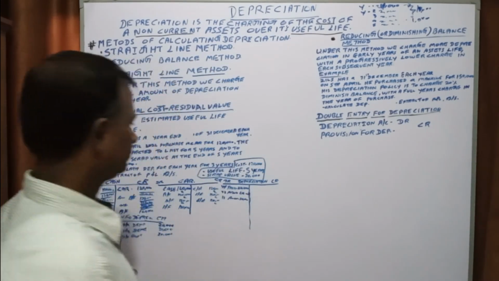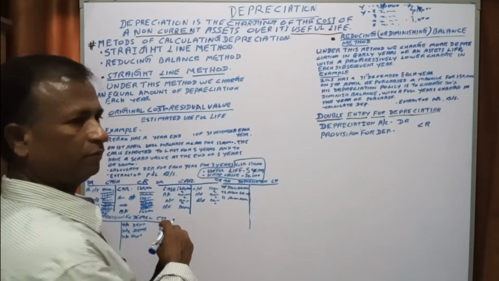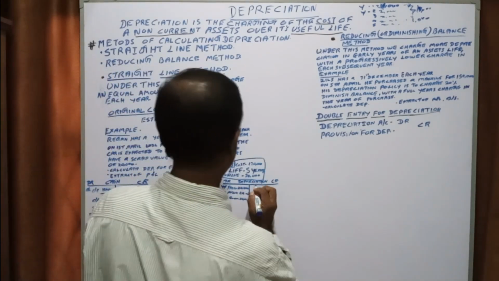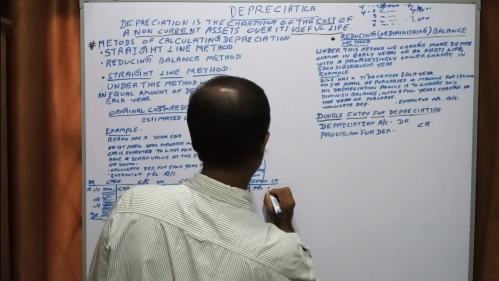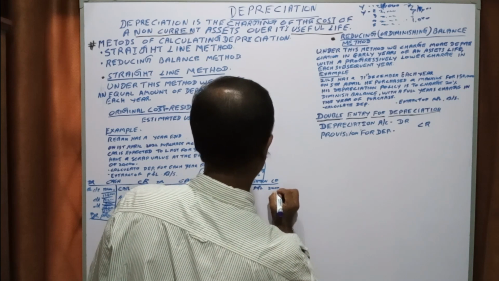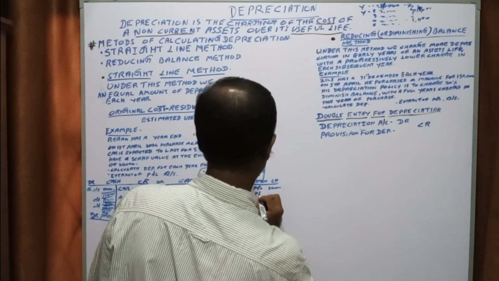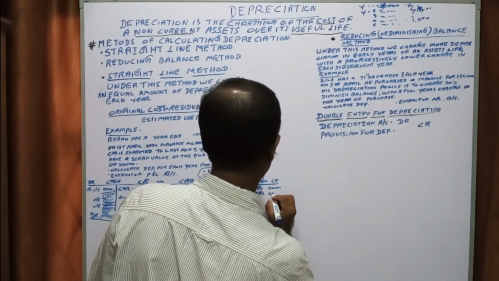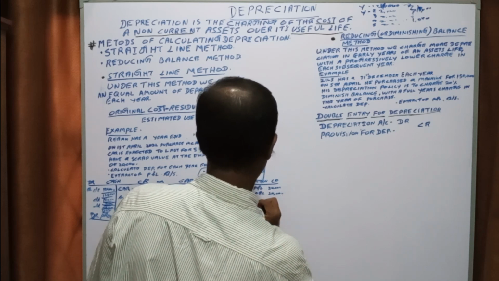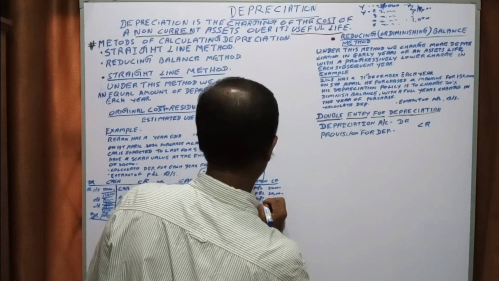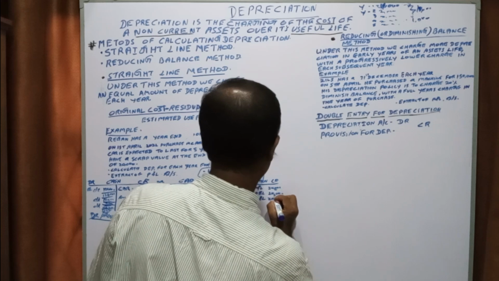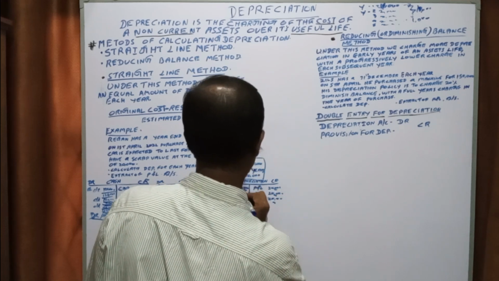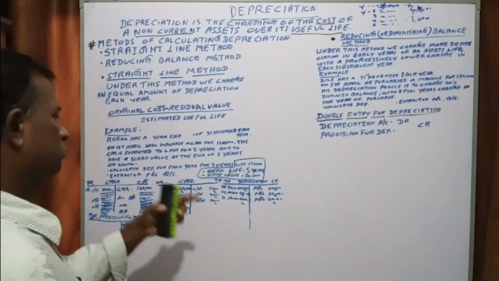So we have to balance the depreciation. Here we will say profit and loss account 20,000. Okay, profit and loss account 20,000. We charged. Depreciation is charged to profit and loss.